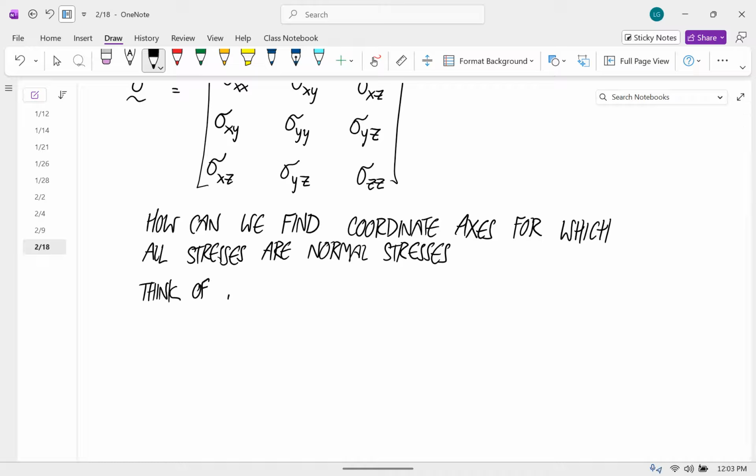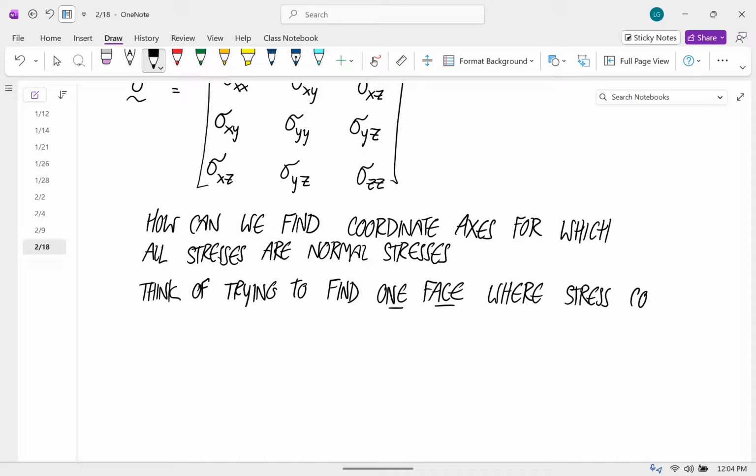Think of trying to find one face where the stress is perpendicular to the face. Component isn't really the right word. Where the stress is perpendicular to the face.